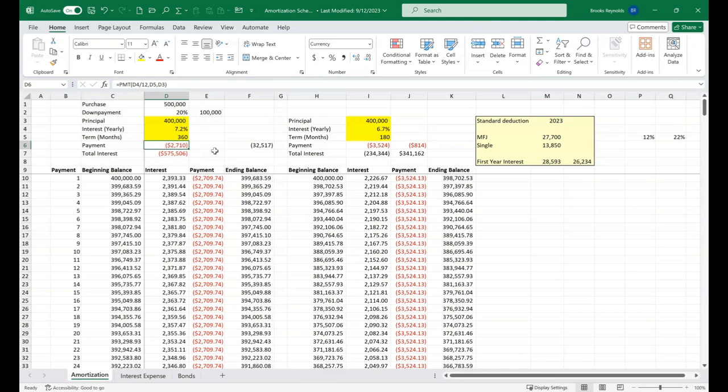And so we get payments, and this is only principal and interest. It does not include taxes and insurance. But if you were going to buy a $500,000 house, the payment would be $2,710 a month, which is, I believe, $32,517 a year.